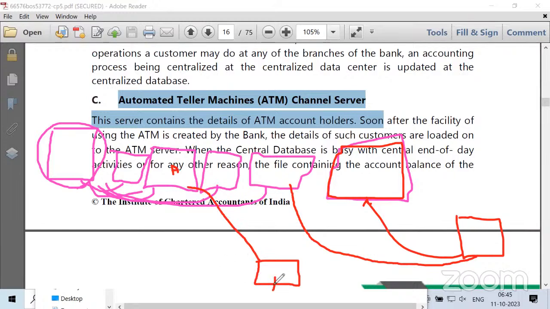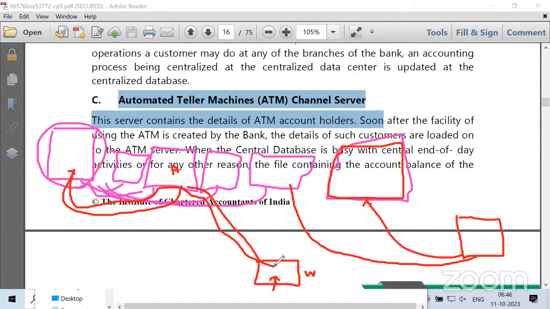Now you insert your card, debit card or credit card, whatever it is, it will get connected to this. In turn, it will get connected to this database wherein your information about your customer name, account number, the credit limit, or the amount which is available in case of a debit card, all will be checked and it will send a reply to this ATM. Yes, you are authorized. Then you say withdraw, let's say 10,000 rupees.